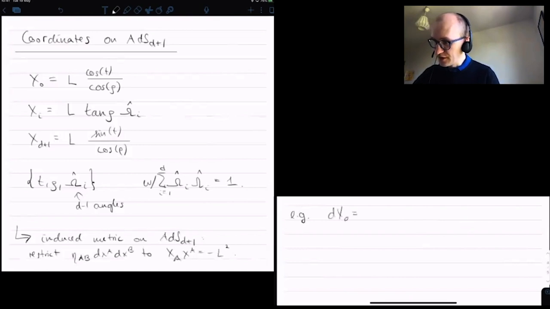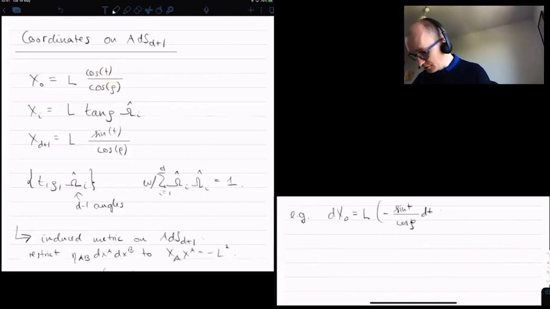Now you of course have dt and d rho components here. So we'll have something like L minus sine t over cos rho dt. That's the t derivative. And then you have the rho derivative, which will give you something like cosine t over cosine squared rho sine rho d rho.